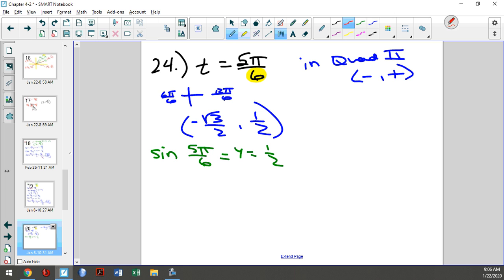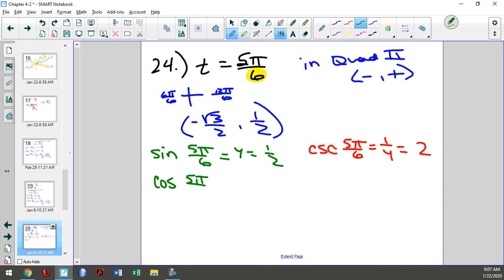It will be 2, but what trig function matches that? It is cosecant. Remember, S is in the middle. The cosecant of 5 pi over 6 is going to be 1 over y, which is just going to be 2.